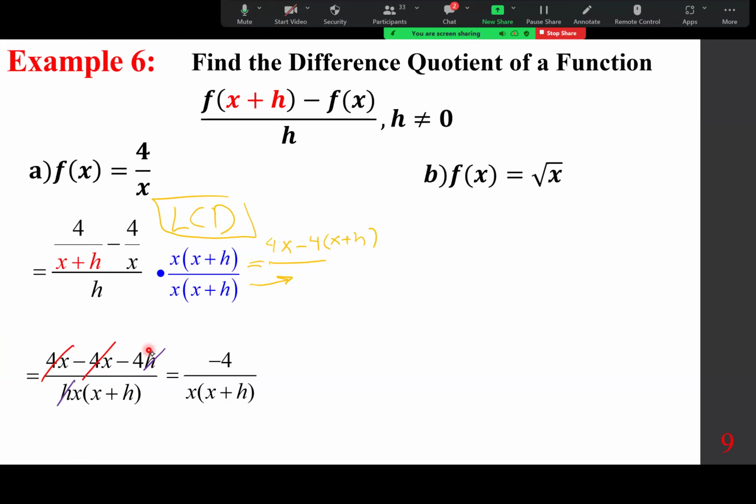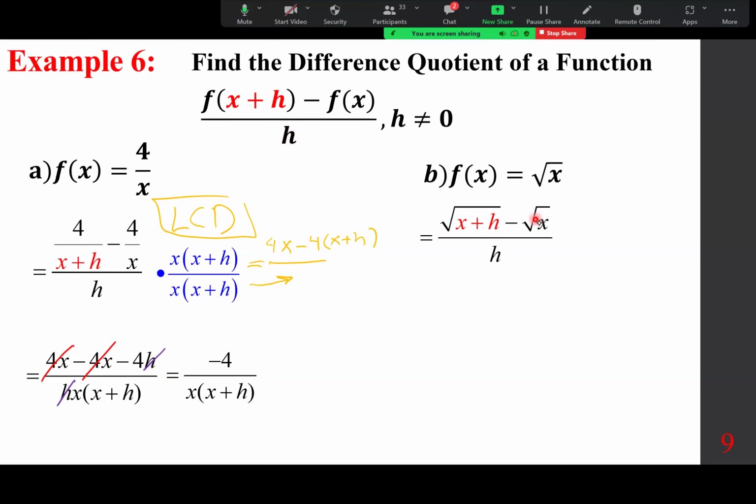F of x equals square root of x. The difference quotient would be, following this, f of x plus h, that means square root of x plus h, minus f of x, which is square root of x, over h. The way we deal with this, because ultimately you want to simplify it such that it is ready to tackle limits, you multiply by the conjugate of the numerator.